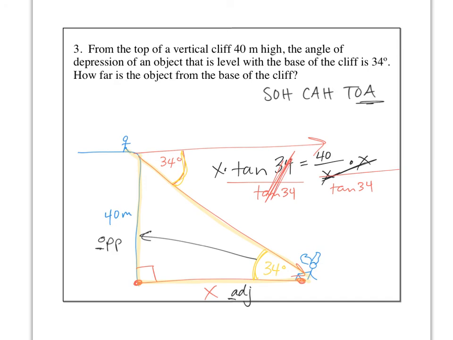These will cancel out. So you have x equals 40 divided by tangent 34. And that's what you're going to type in your calculator. And when you do, I think you get 59.3. And we could label this, it would be meters.